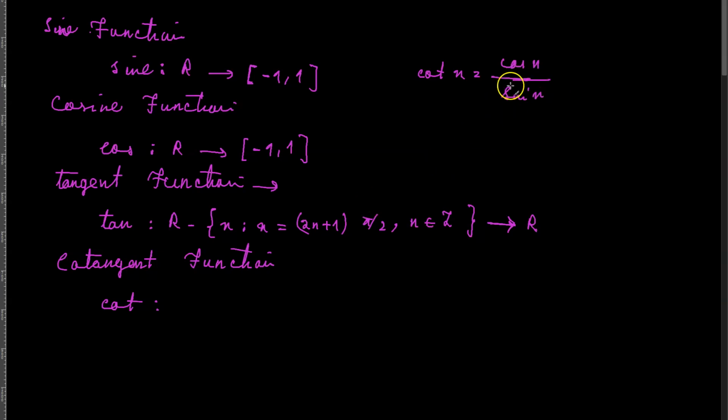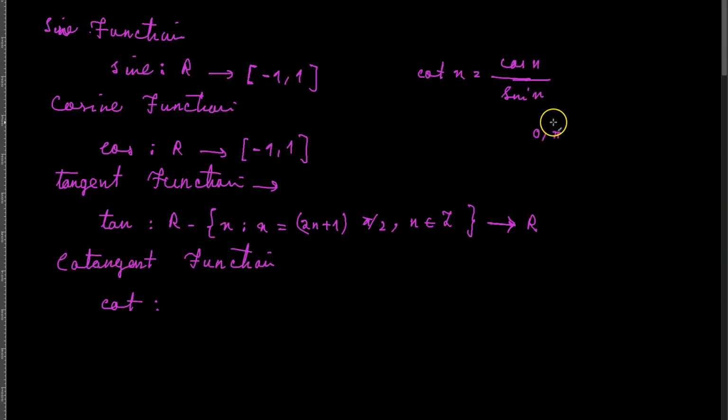So whenever sine of x is equal to 0, then of course the function is not defined, which means that the sine is 0 at 0 and pi and all the multiples of pi. At all the multiples of pi, the sine function is 0, and therefore the cot function would not be defined.